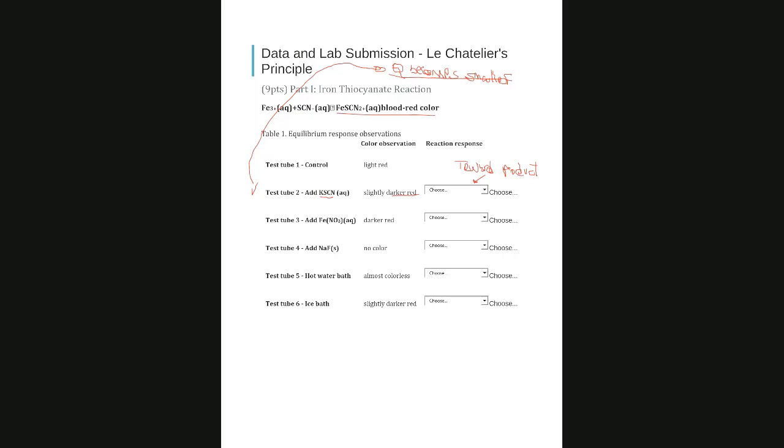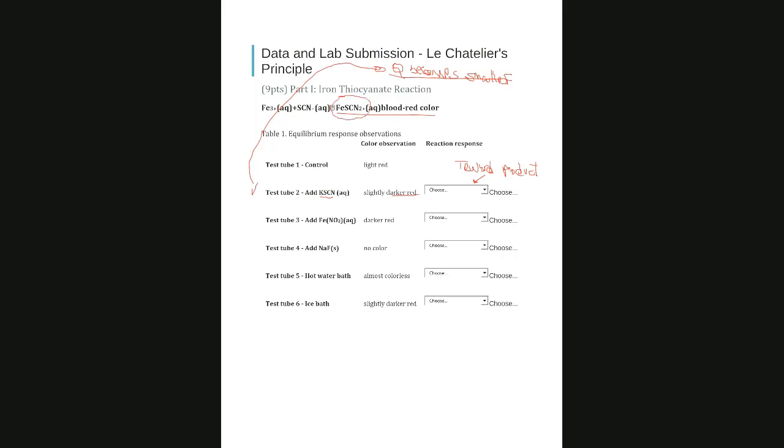Yeah. One more. If it shifts towards the reactant side, is that because the concentration there is lower? Like if it has no color or almost no color, it's because the concentration there is really low? If it shifts towards the reactants, it means that you have almost no complex, almost no products.